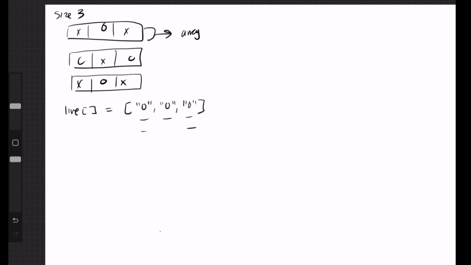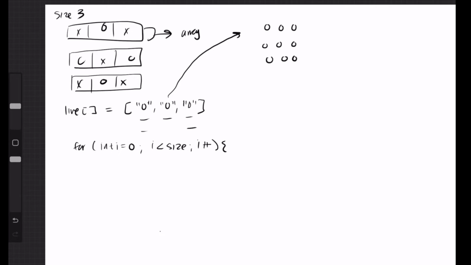So I'm thinking, if we have a for loop and set i equal to 0, and we stop at i less than size, and we increment i by 1, then with this array that we have, we repeat 3 O's 3 times, right?